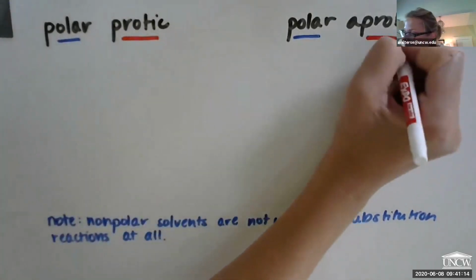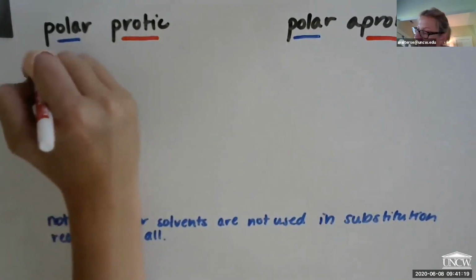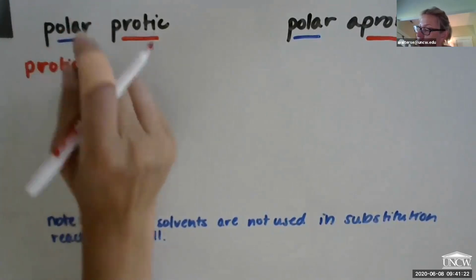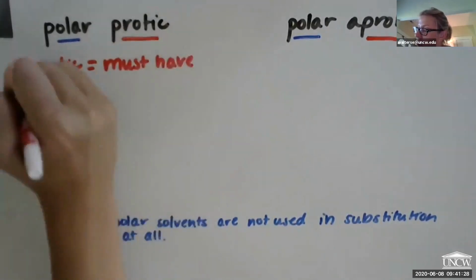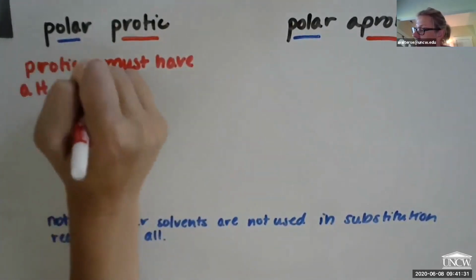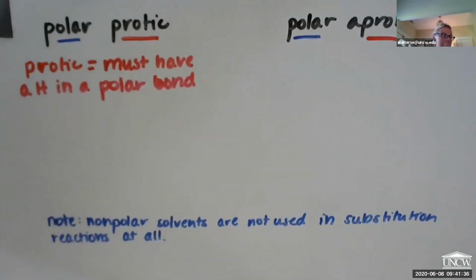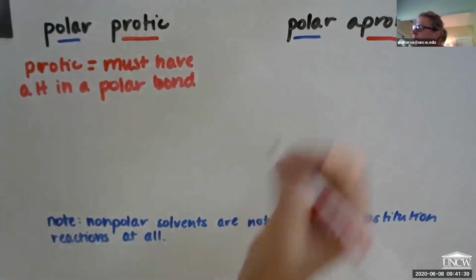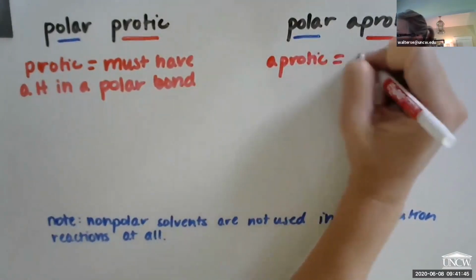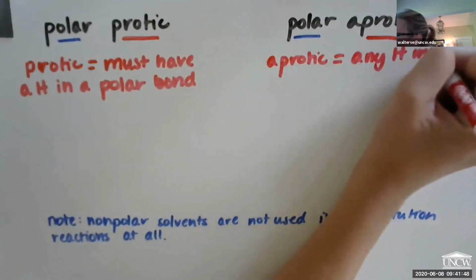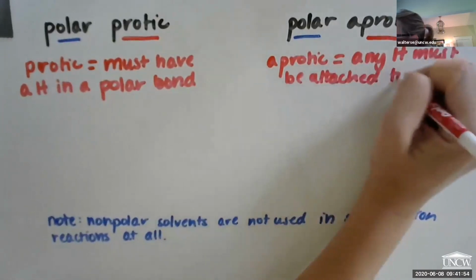Protic and aprotic. For a solvent to be considered polar protic, it must have a hydrogen in a polar bond. Aprotic solvents can have hydrogens, but they must be attached to carbons.